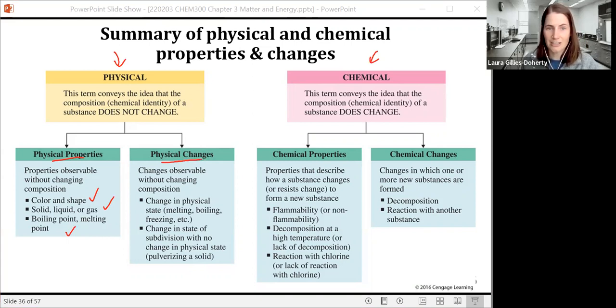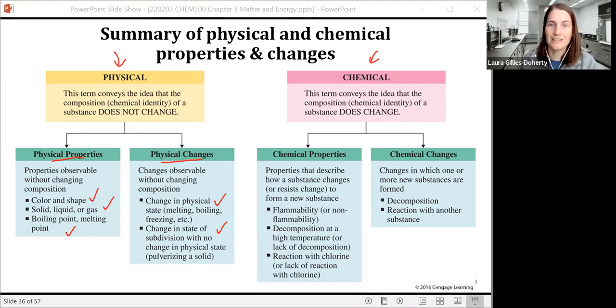Physical changes are changes that are observable without changing the composition. So changing state, or changing the state of subdivision, like if you have a cube of sugar and you break it up into a bunch of tiny grains of sugar, it's still sugar.